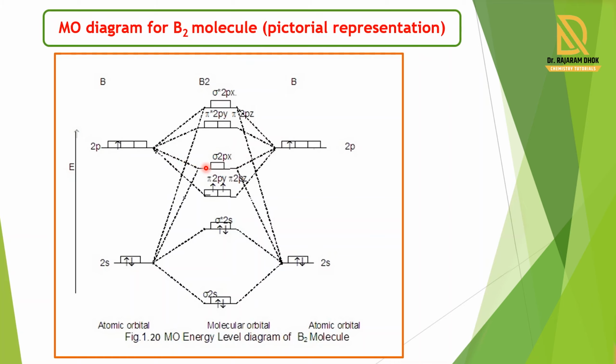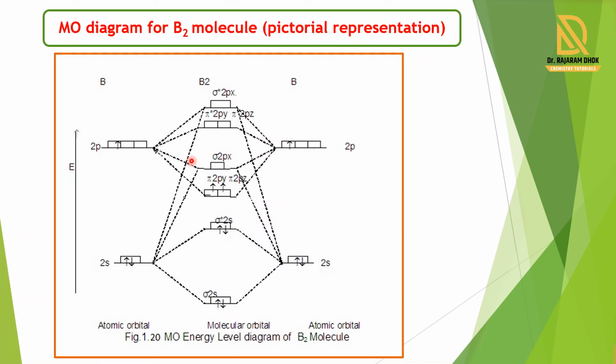That sigma 2px molecular orbital has higher energy than the pi orbitals, because, as we have just seen in the case of lithium to nitrogen, S and P interactions are possible. At that time, sigma star 2s and sigma 2px repel each other because they are the same type of molecular orbitals, so sigma 2px acquires higher energy than pi.